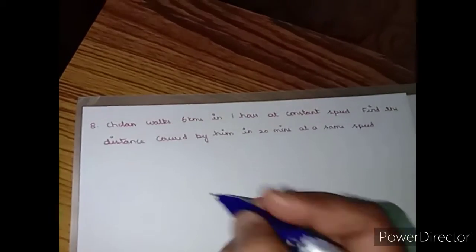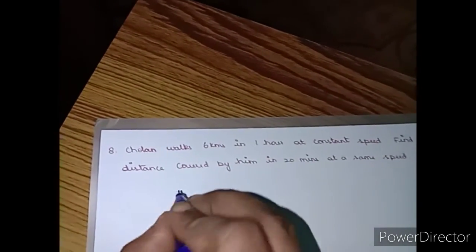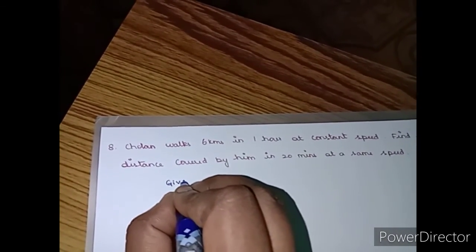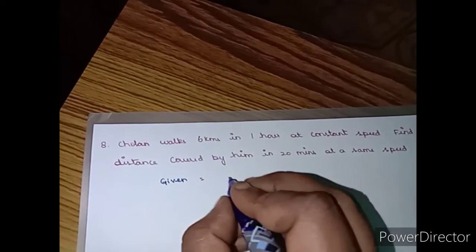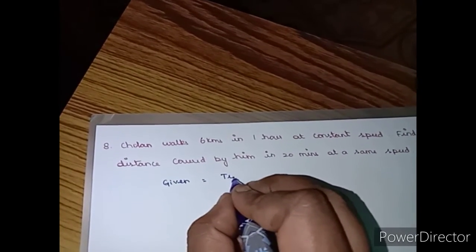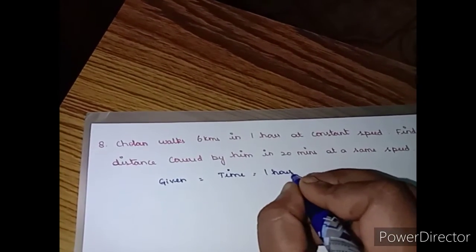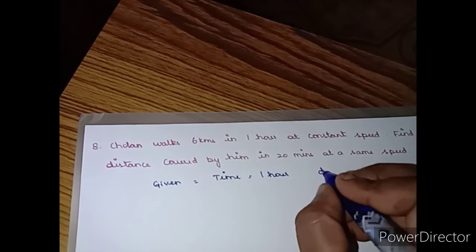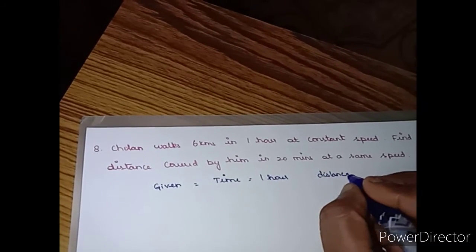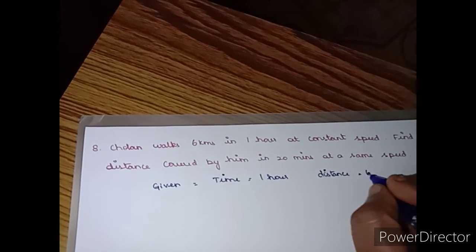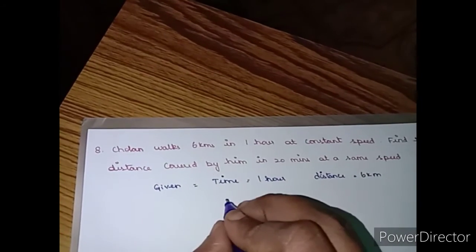For that, what is given here? Given is time 1 hour and he covers, that is distance, is 6 kilometers.